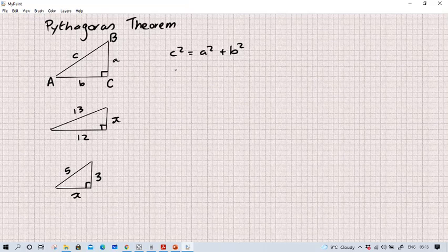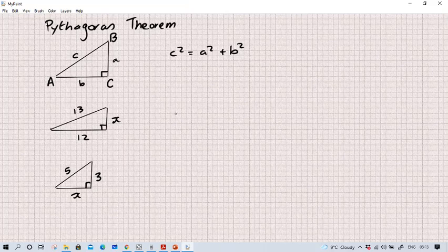We can use this when we know two lengths and we're looking for a third length. In the first example, we can see the right angle triangle, and 13 is the hypotenuse, and we have the length 12 and we're looking to find x.